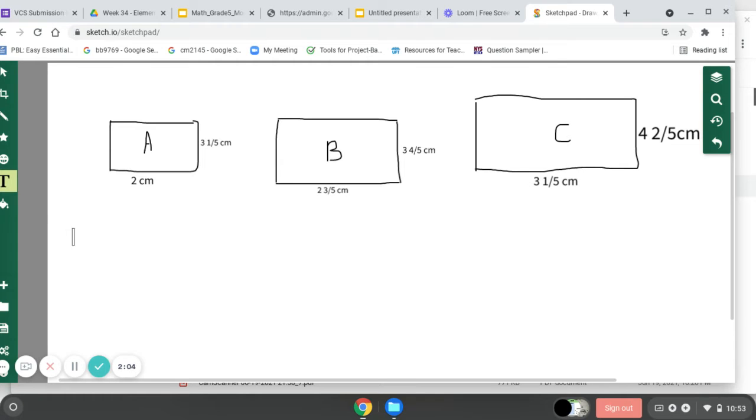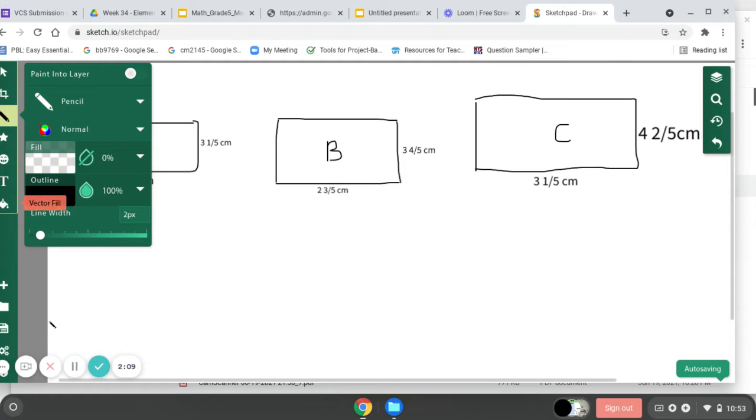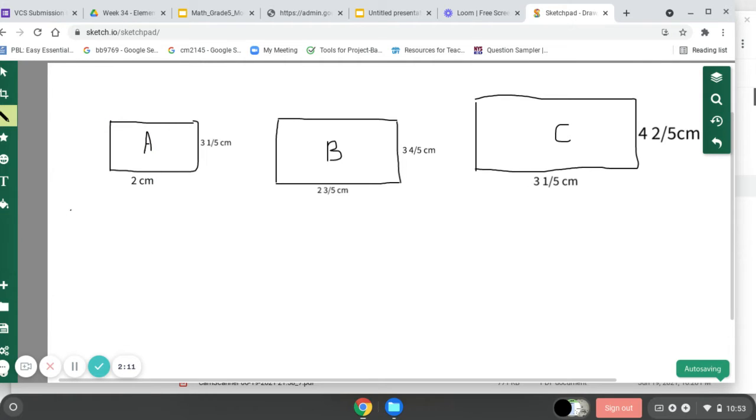We have 2 times 3 1/5. So we're going to multiply this, and we're going to change our mixed number into a fraction greater than 1, also known as an improper fraction, which is a fraction that is greater than 1.